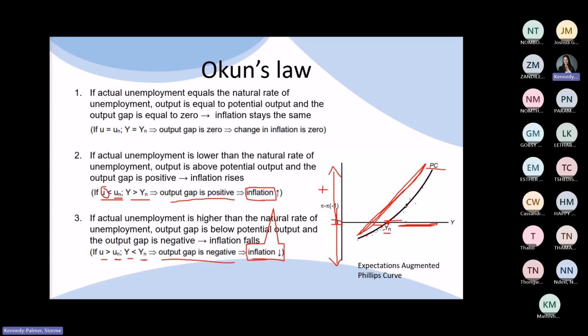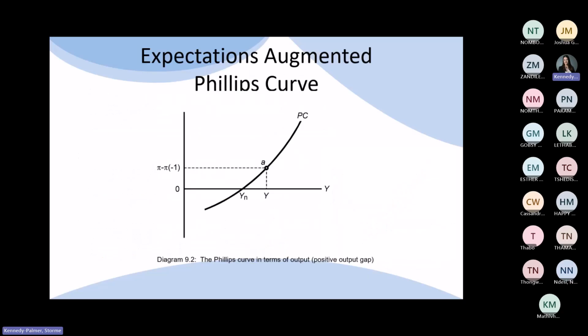The reason why this is important for you to understand the three states that we could be in is because when we combine this PC curve with the ISLM model, we get some interesting results. So let's have a look. See on diagram 9.2 from the learning units, we have a positive output gap, okay?